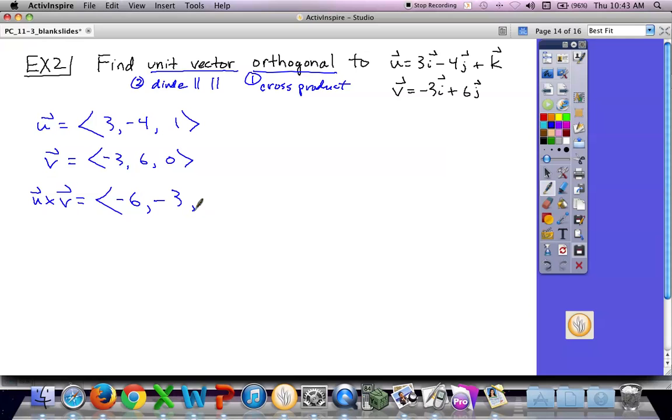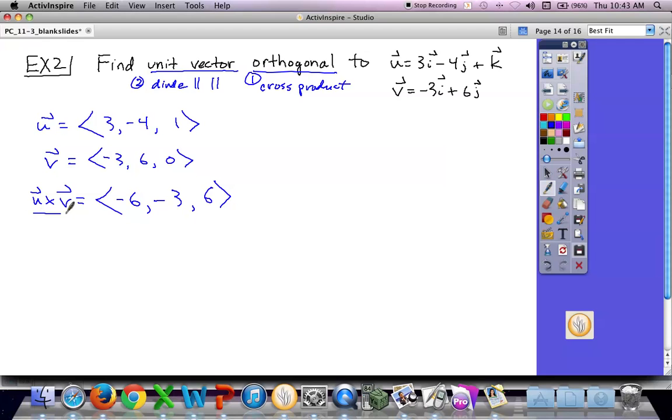Okay, last one. It's 3 times 6 minus negative 4 times negative 3, which is 18 minus positive 12, because negative times negative is positive, which is 6. Okay? So there's the U cross V.